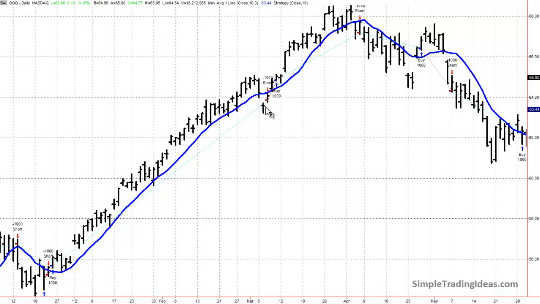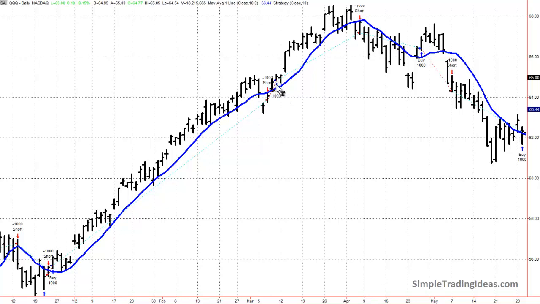And then down here we had our first close in a while that was below the 10-period moving average. So we sold short down here. Then the market moves up. We have a close above the 10-period moving average, and as a result, the open here at the tip of that arrow is where we buy 1,000 shares.